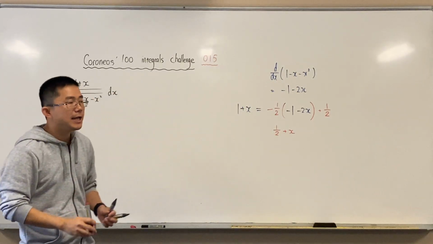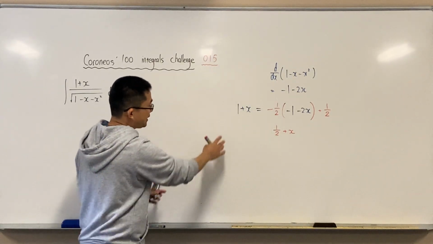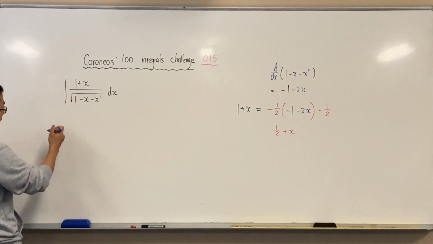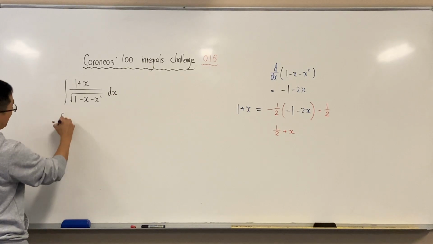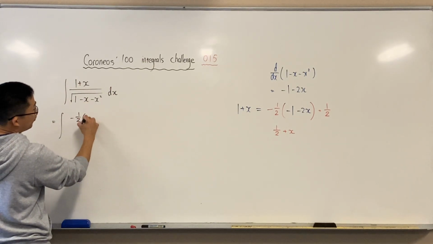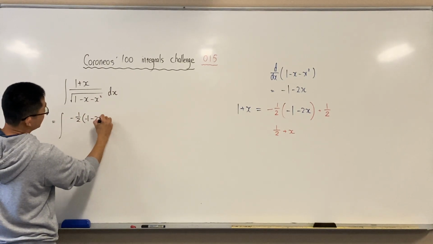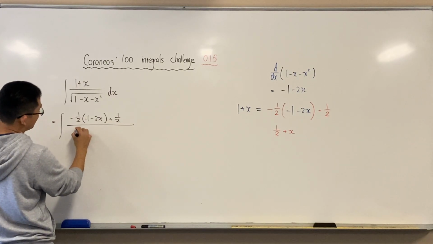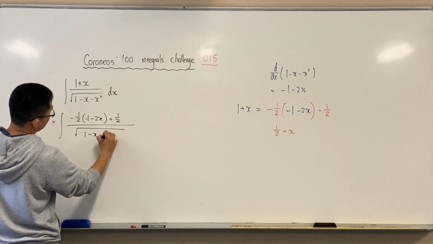All right, so this way, you can change 1 plus x into this expression there. So how about we change that expression? Because we know that 1 plus x is equal to minus half bracket minus 1 minus 2x plus half over square root of 1 minus x squared dx.